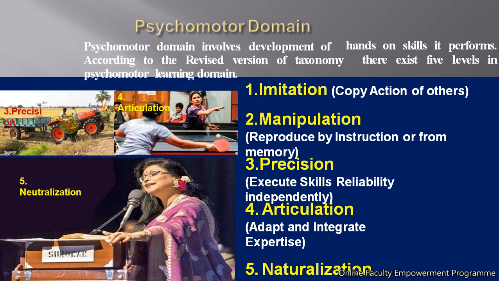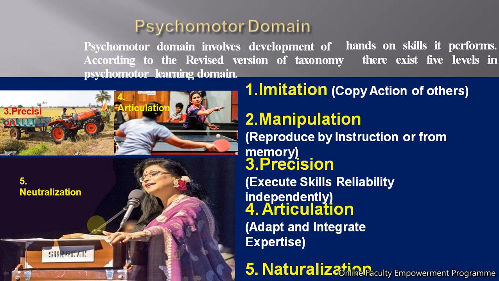From these slides you can easily understand. Take precision: the tractor driver, after some days, will drive the tractor automatically, even without thinking. Articulation: the players in any game or sport, their skill exhibition comes under this category.